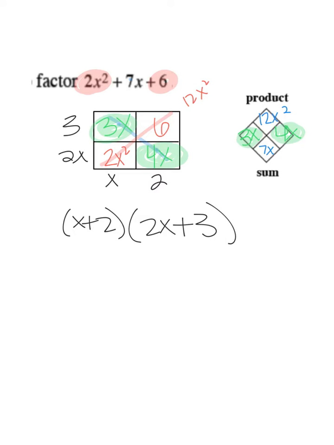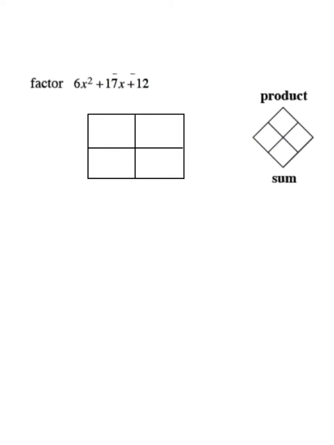I'll do one more example of this factoring process to help you remember the steps. So we'll start by putting our x squared term and our constant term diagonal in the rectangle, 6x squared and 12. And we know that if we multiply those together, this multiplied diagonal will be what our other diagonal also needs to match.